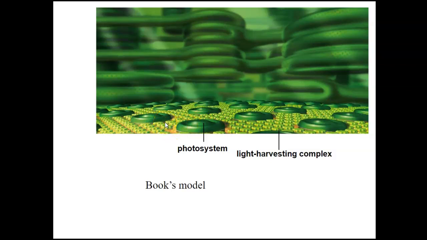So one way I mentally think about it is that the high energy is in the central reactive area, and these pigments out here are almost acting like people on a volleyball team who are bumping it around and trying to set it just to the right spot for that big kill on the volleyball court.